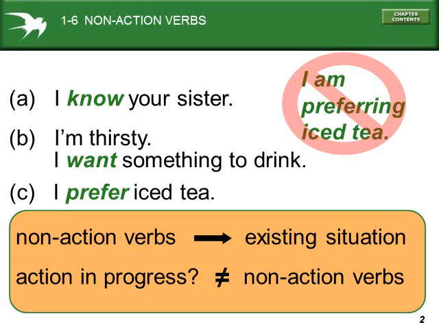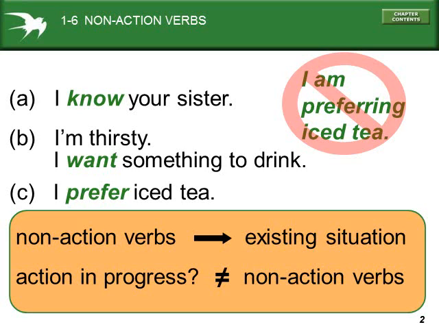Now, this may be different than a lot of your languages, and one thing that I would encourage you to do is as we go through this PowerPoint, take a look at these sentences and ask yourself, can I say this in my language or can I not say this in my language? So for example, I know your sister. Translate that into your language.